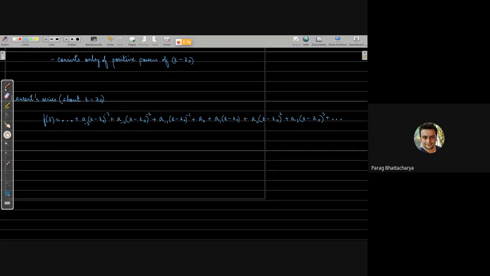Now these negative powers, you could also write it like this. Dot dot dot, plus a minus 3 coefficient divided by z minus z naught cubed. This is the same term as we wrote in the previous case. Then the next one will be a minus 2 over z minus z naught squared.